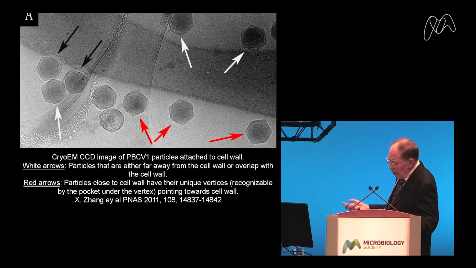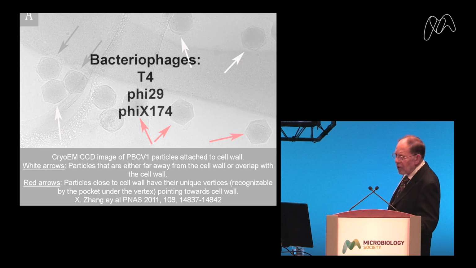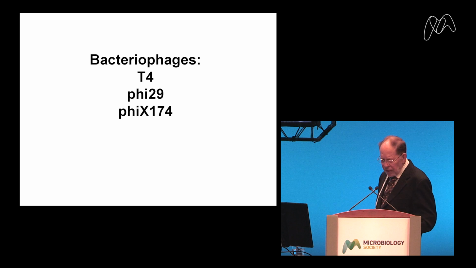And now I want to say just a few things about bacteriophages. We've done a lot of work on bacteriophages, in particular, for instance, on T4, 529. φX174 is interesting because it doesn't have a tail, or so it appears, but it actually makes a tail during infection.